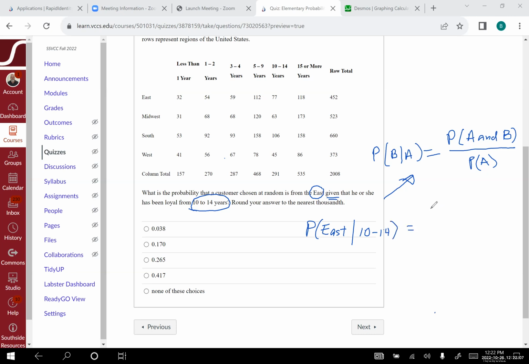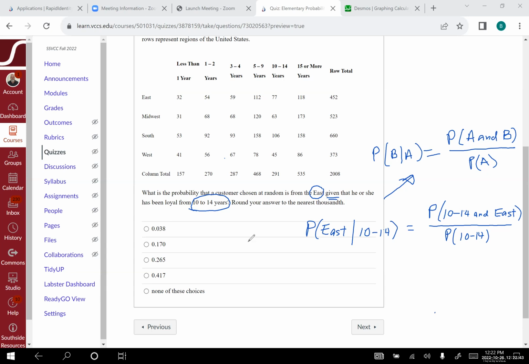So that is the probability of 10 to 14 years and from the east, times the probability of 10 to 14 years, right? Is that how you set it up, Lexi? Yes. All right.